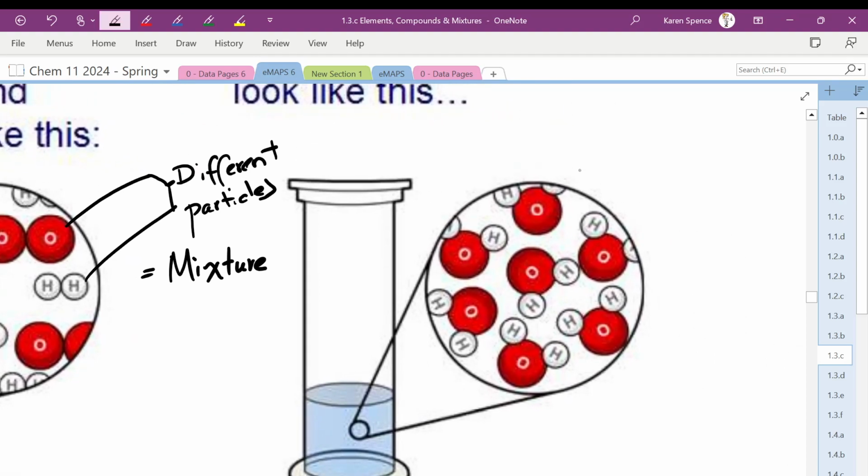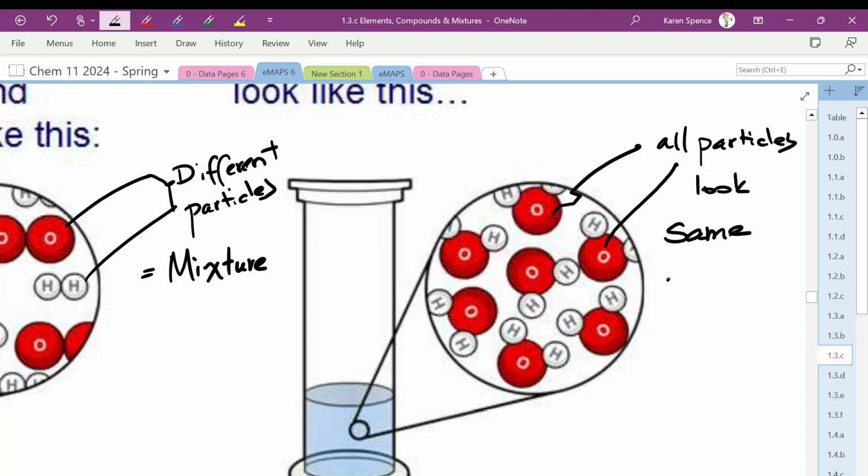Now over here we have oxygen and we have hydrogen. Is this a mixture? Or do all the particles look the same? All the particles look the same. Therefore, we have a pure substance.